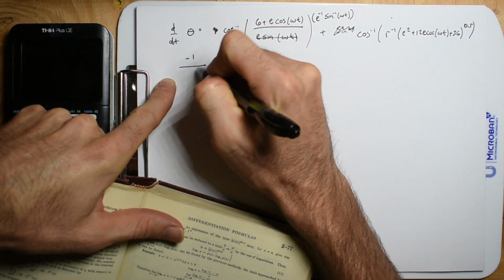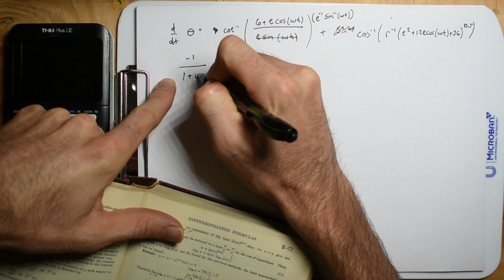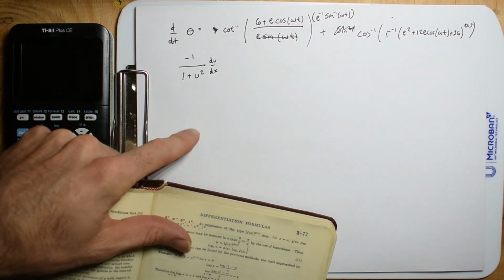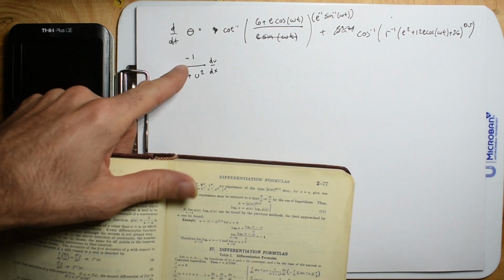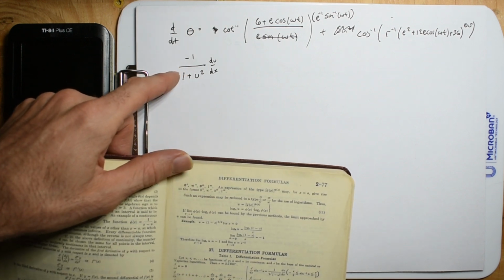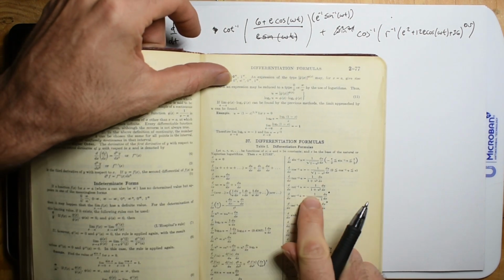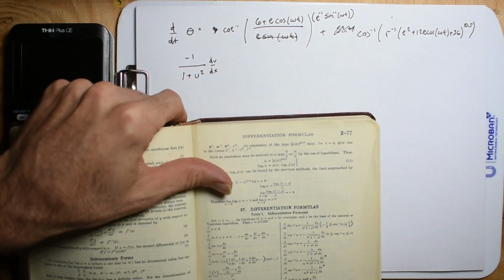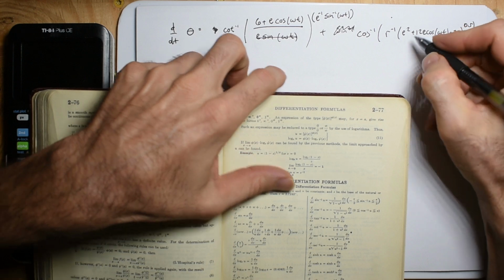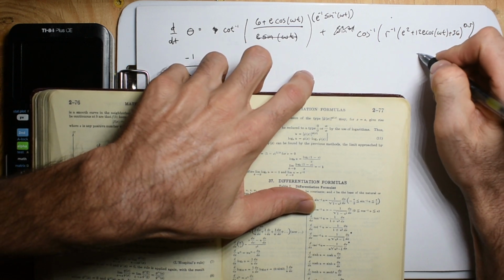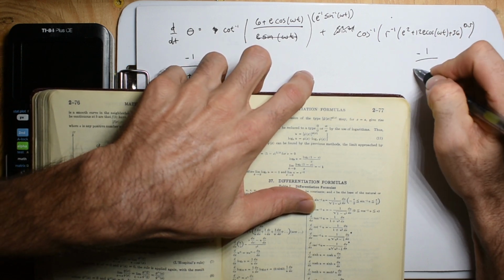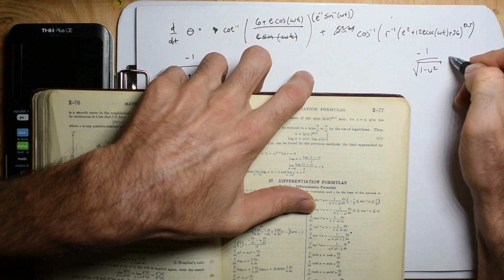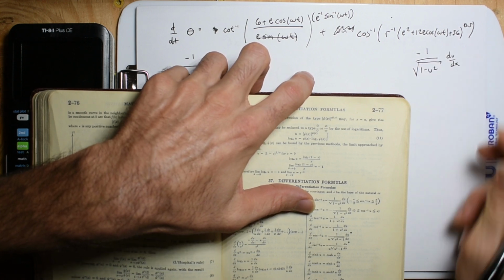It's -1 divided by 1 plus u squared, du dx, you know what I mean. Cotangent, -1 divided by 1 plus u squared. Cosine, the derivative of that is going to be -1 divided by the square root of 1 minus u squared, du dx. Okay, sweet.